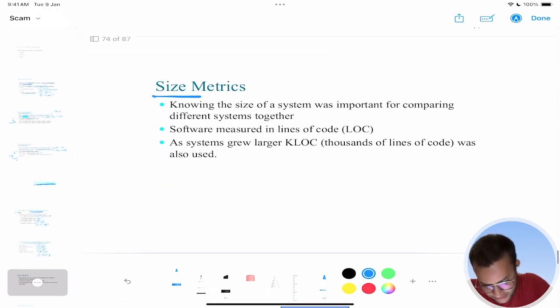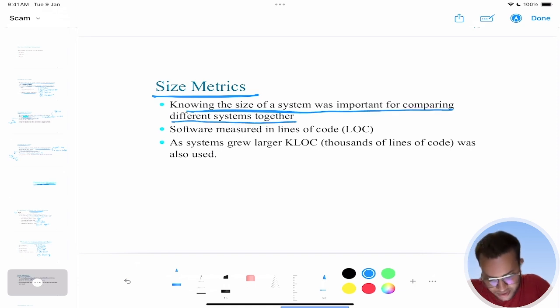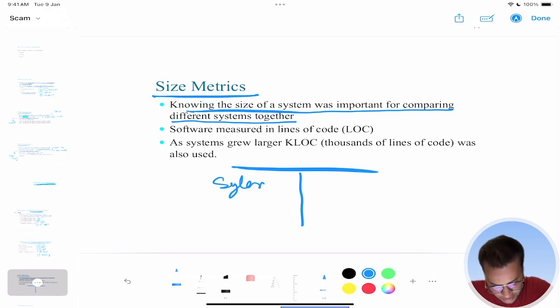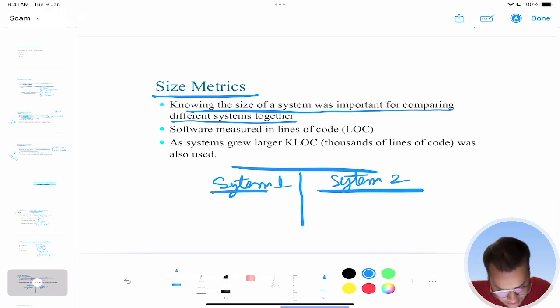First is the size metrics. Knowing the size of a system is very important for comparing two systems together. If we do not know the size, then, for example, with system 1 and system 2, we cannot tell which one is more efficient.